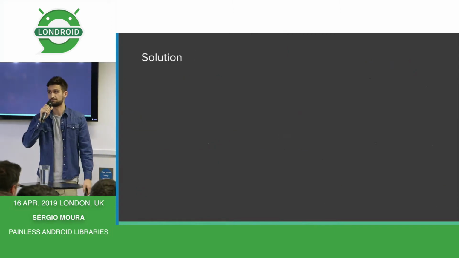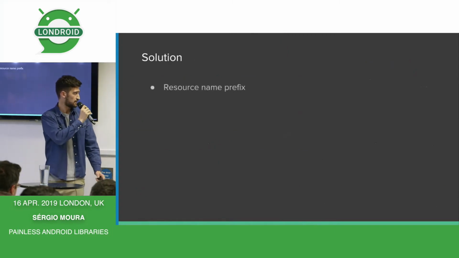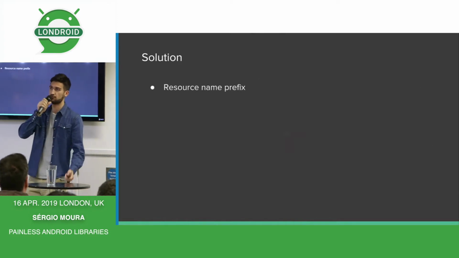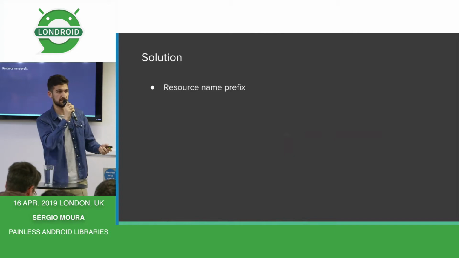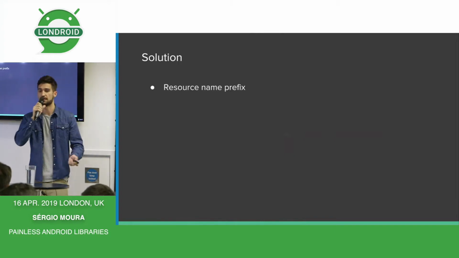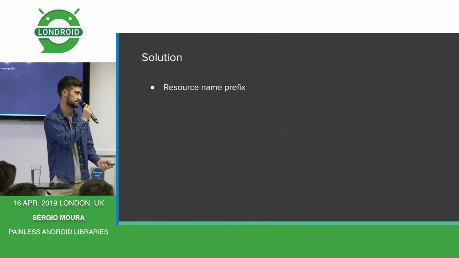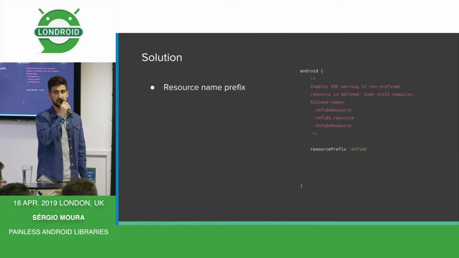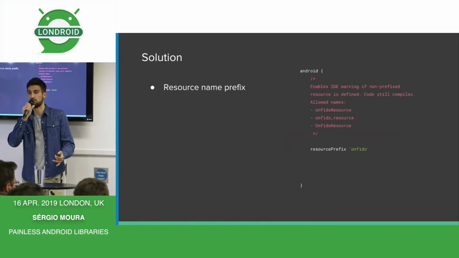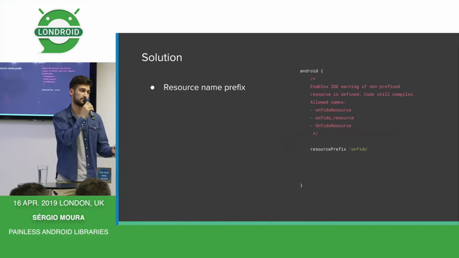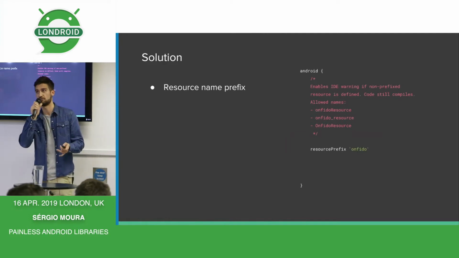Okay, so as a solution, you should define a prefix to be applied to every resource you define, be it a string, a style, a layout. It works for pretty much every XML resource. And to do this, you use the keyword resourcePrefix inside your Android block, the Android block of your library build.gradle file.